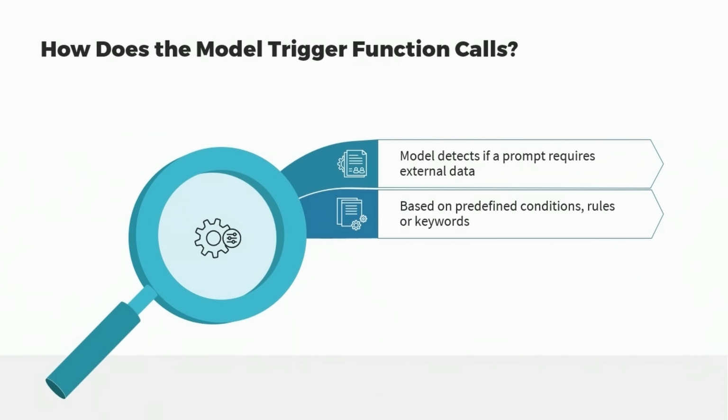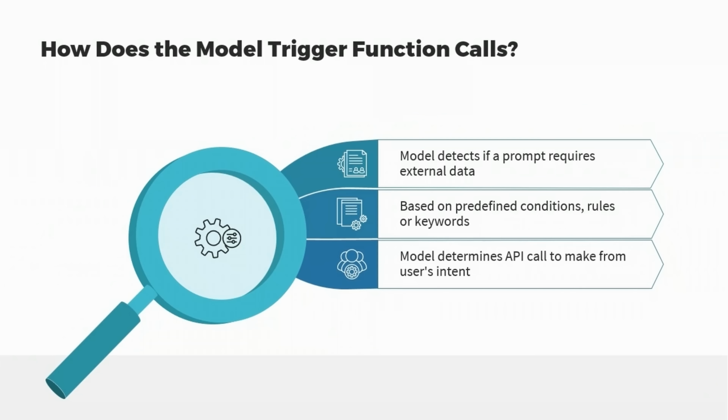Developers, by declaring functions, predefine the mappings that associate specific types of requests with the relevant APIs. You'll then send your prompt to the model, and based on your prompt, the model will determine what API it needs to invoke and with what parameters.